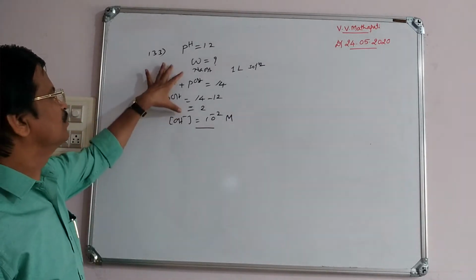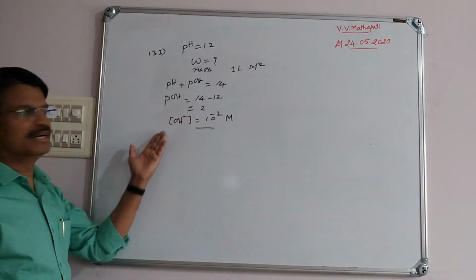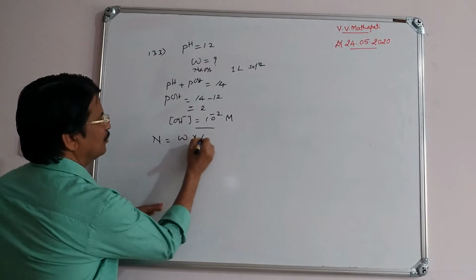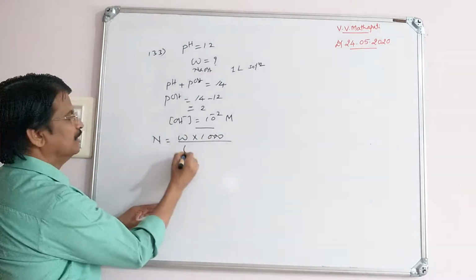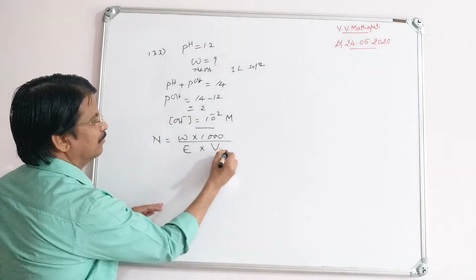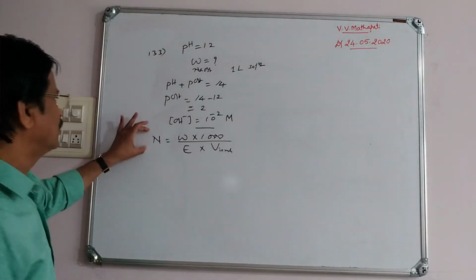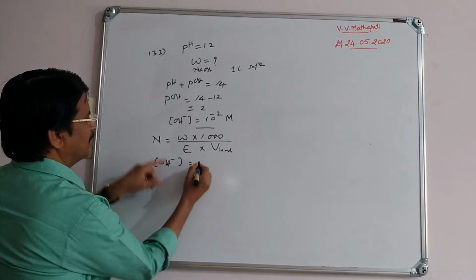Yes, if a base is given, write like this. This is a concentration, and this is nothing but normality. There is a formula: normality equal to W into 1000 divided by equivalent mass into volume in ml. This normality is nothing but the OH ion concentration, and the mass you have to find.